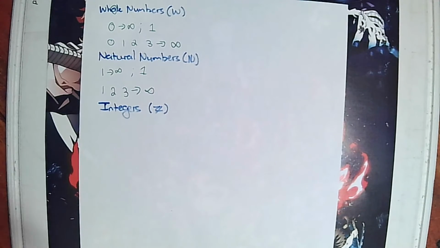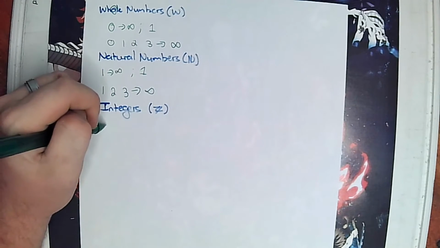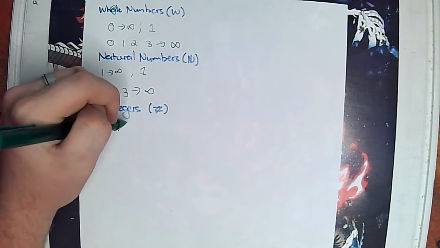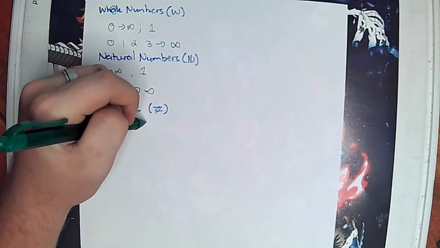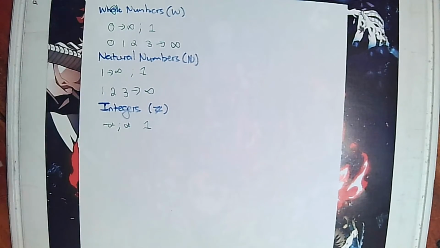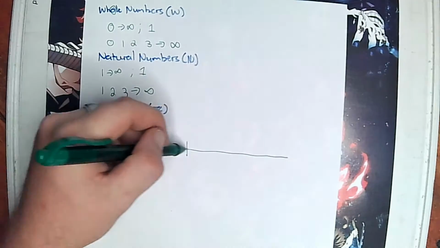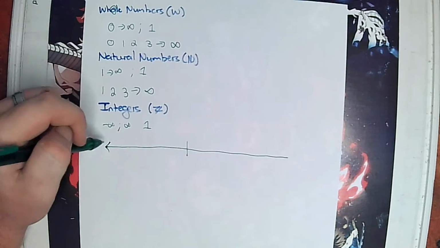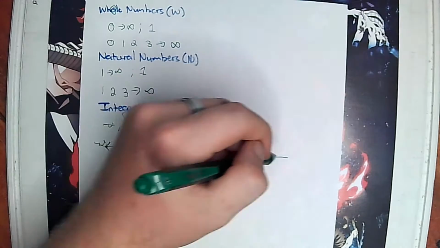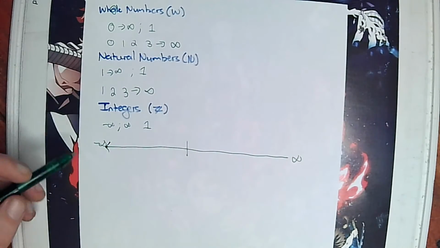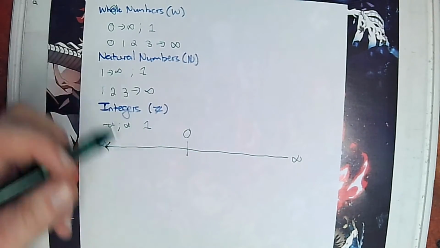The only difference is that the set they fall in starts at negative infinity to infinity, again in the interval of 1. So how do I represent them? I represent them on a number line, which starts at negative infinity, ends at infinity, and its middle point is 0.